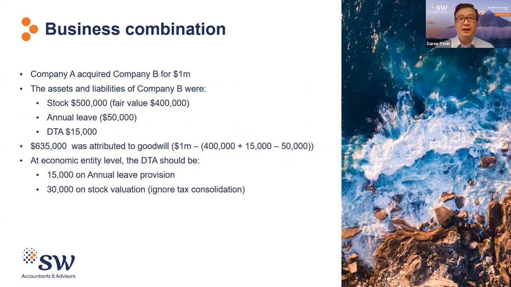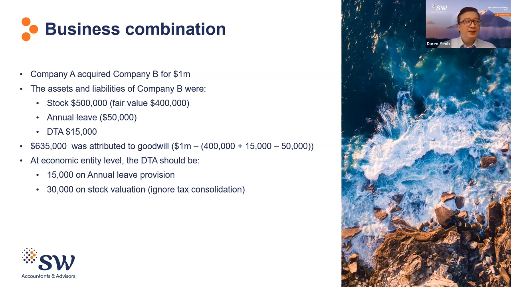So let's have a look at a simple example. We have company A acquiring a target entity, company B, for $1 million. In company B, let's say the assets comprise stock of 500,000 in the accounts, and that's what the cost is for tax purposes.